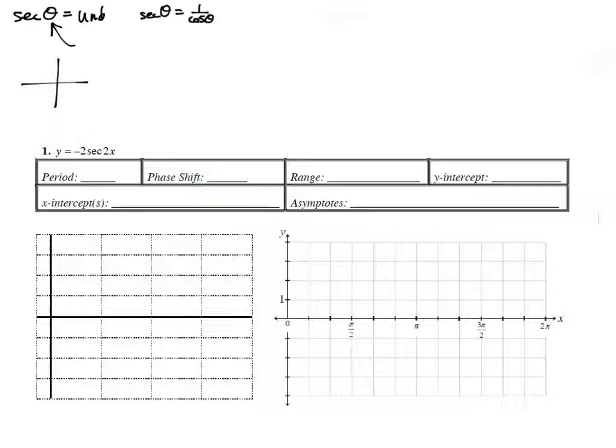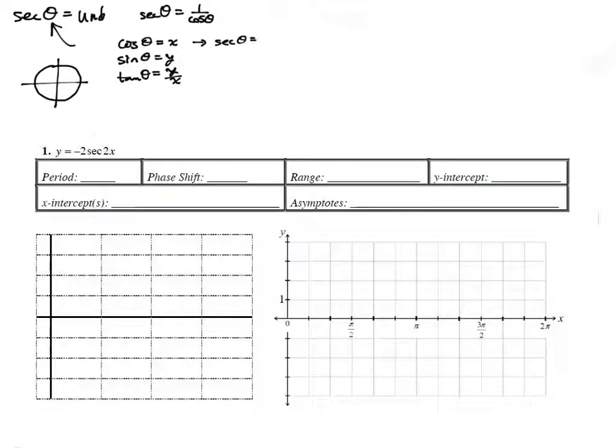On your unit circle, because we've been practicing it for quite some time now, you know that cosine of theta equals x, sine of theta equals y, and tangent of theta equals y divided by x, because it's sine divided by cosine.